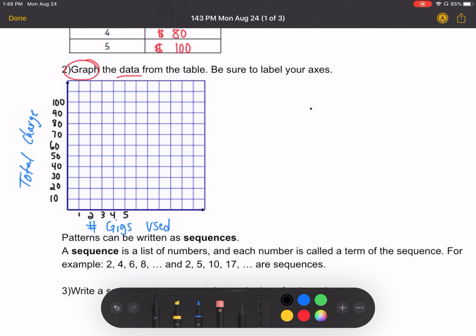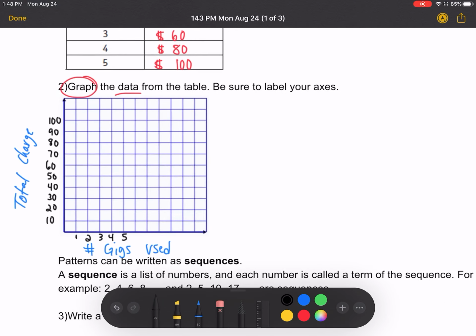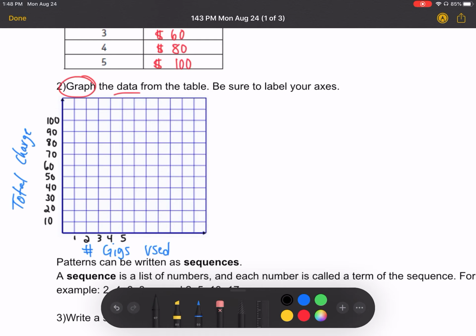So then when we go to graph this, we have 1 gigabyte is a $20 charge. So if we go over to 1 gigabyte and then come up to a $20 charge, we're going to put a dot there. Then we have 2 gigabytes is a $40 charge, 3 is 60, 4 is 80, and 5 is going to be 100.